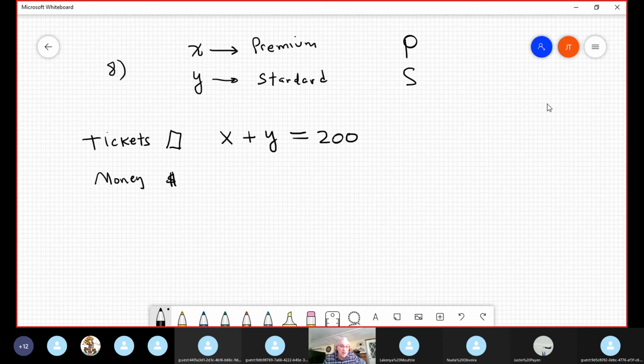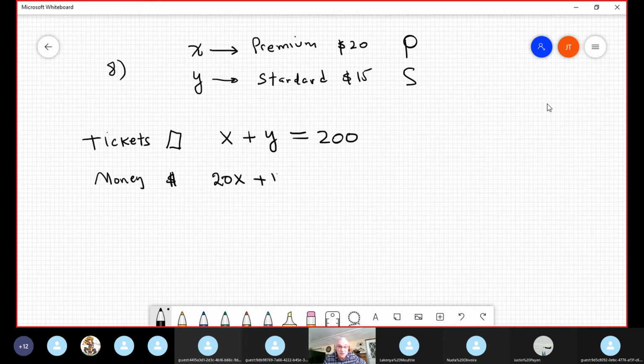And now the money equation is the multiplication of the unit price for each ticket. For example, the premium costs $20, and the standard $15, right? So if you multiply 20 times X, where X is the amount of premium tickets, you get the money only for the premium.